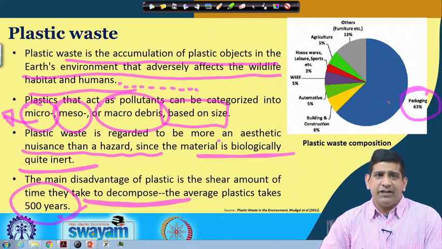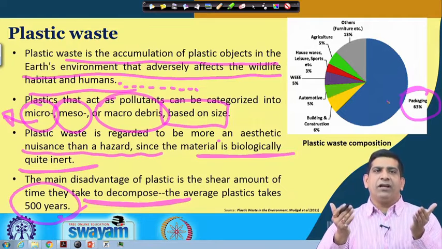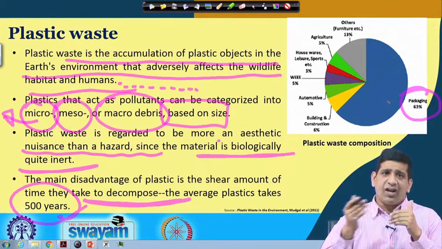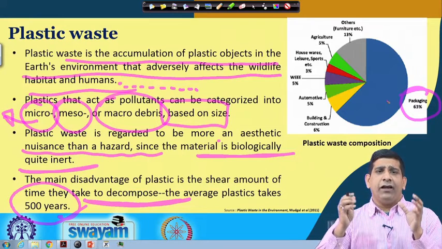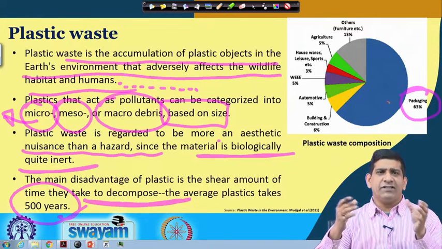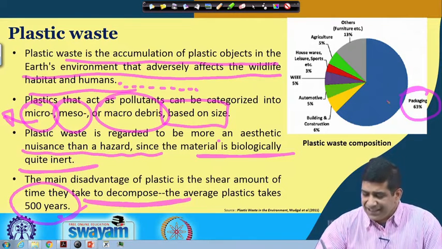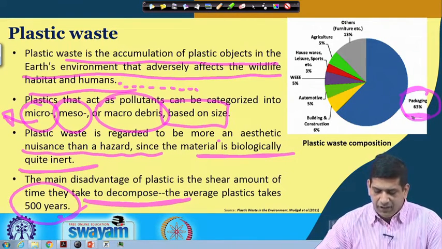We may probably use some other material, but the way our lifestyle has become, where everybody is so busy, we are ordering a lot of stuff online, and even if you go to a mall and other places, there is lots of packaging. So as you can see, 63% of plastic waste is actually coming from packaging. That's a lot of plastic in the packaging industry.